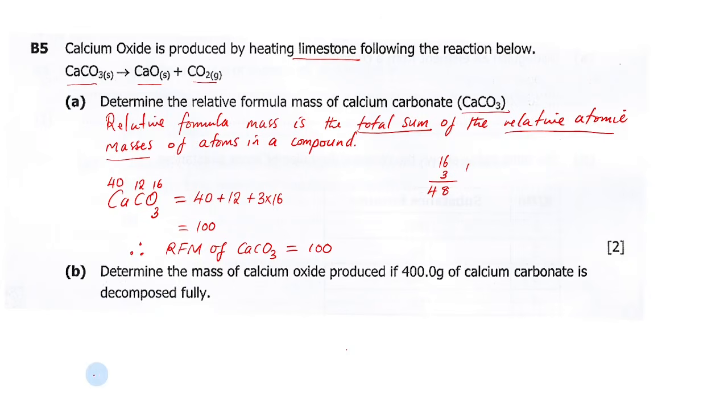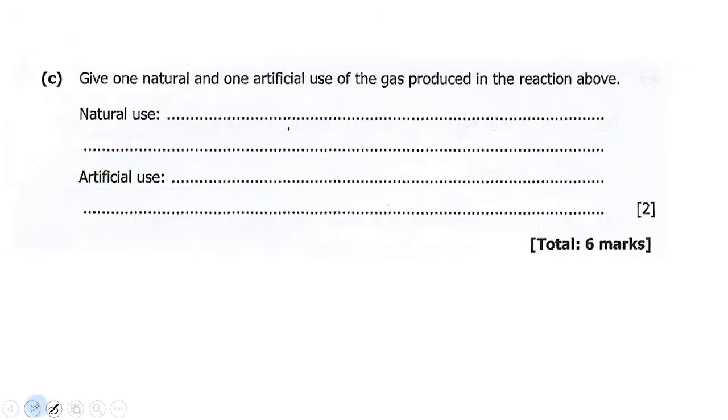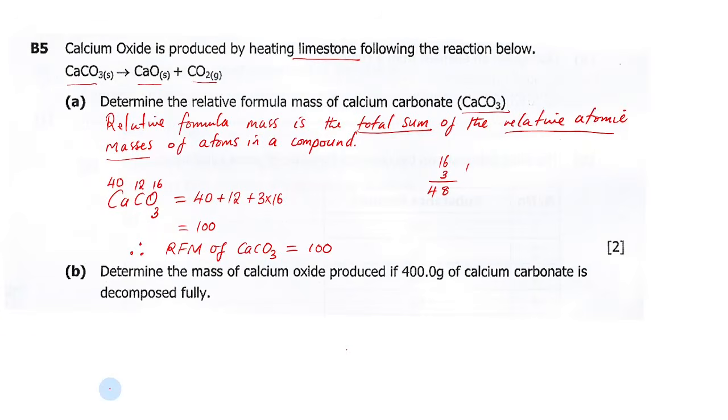There were more marks here, but I didn't capture that one. Here they're saying determine the mass of calcium oxide produced if 400.0 gram of calcium carbonate is decomposed fully.